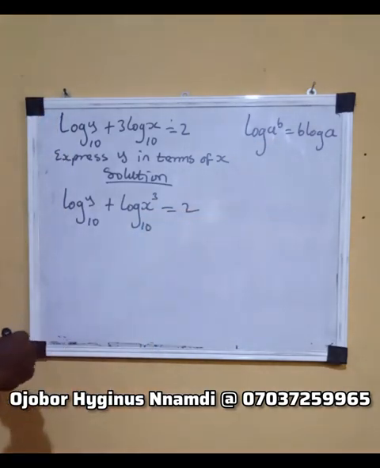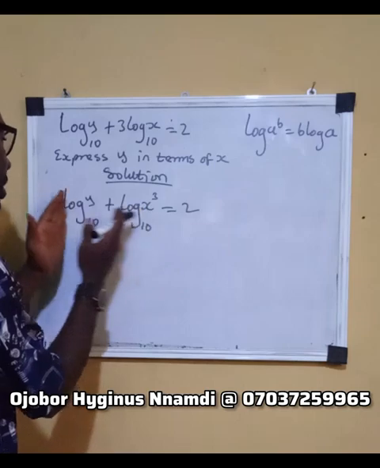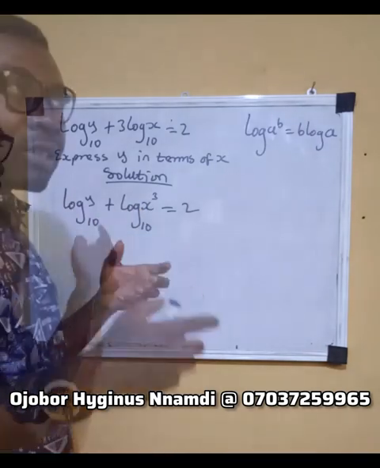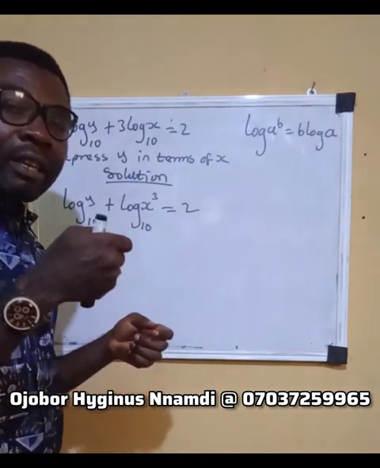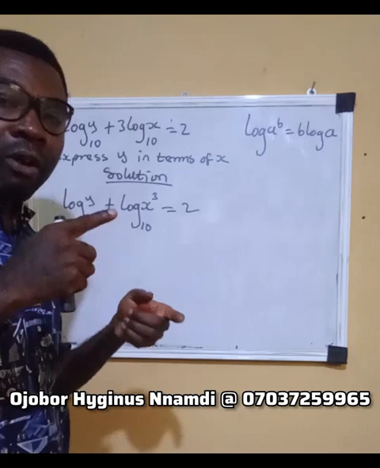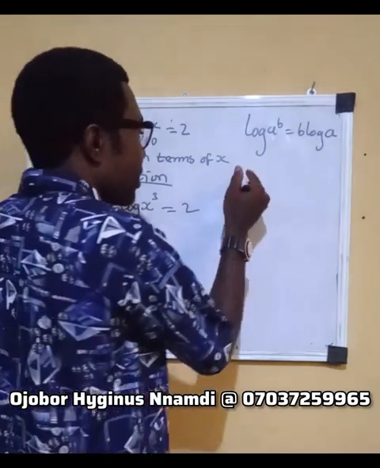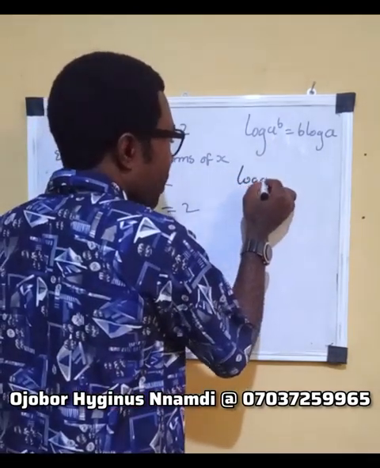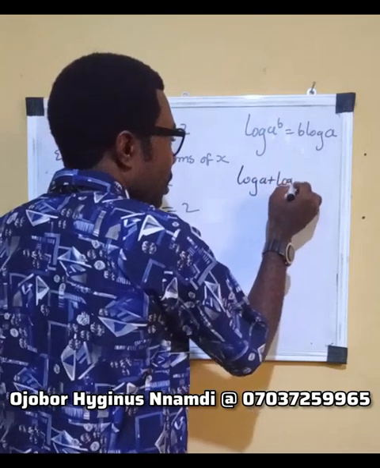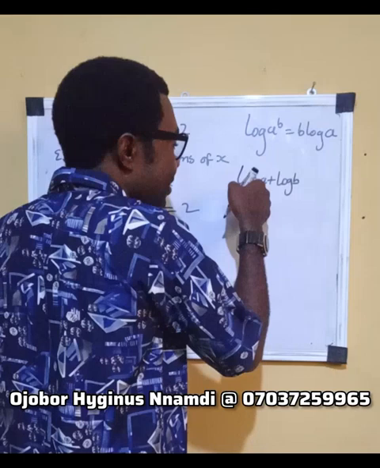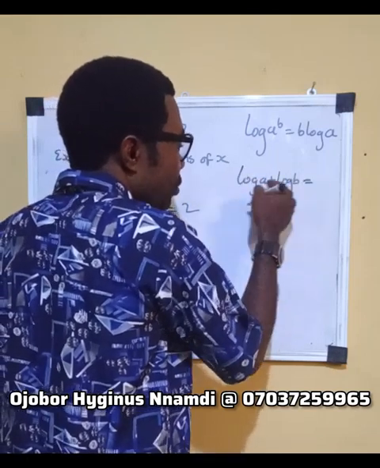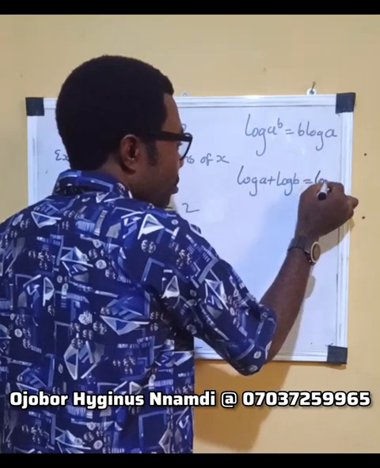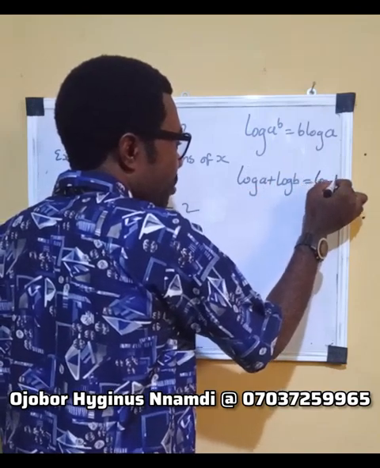Now, if we put these two things together, the sum of the logarithm of two separate numbers is equal to the logarithm of their product. What I mean is that when you have log a plus log b, this is the log of a and b put together as a product.